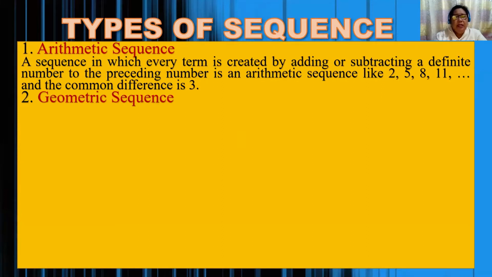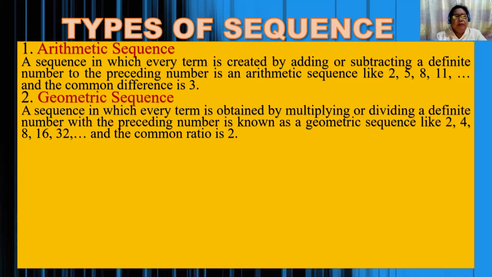A geometric sequence, a sequence in which every term is obtained by multiplying or dividing a definite number with the preceding number, is known as a geometric sequence, like 2, 4, 8, 16, 32. And the common ratio is 2.